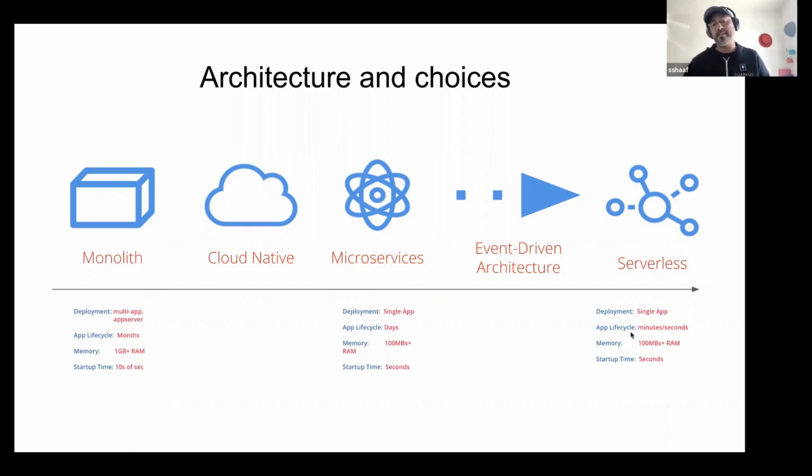And most recently, serverless. If you look at the life cycle of a serverless function, it could be minutes or seconds. It could be more in some use cases, but generally minutes and seconds. And of course, the memory is small, but at the same time, serverless functions run in reaction to something.